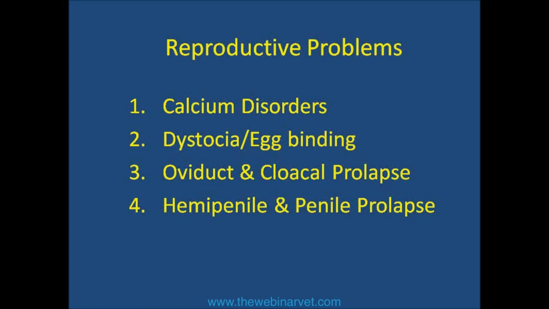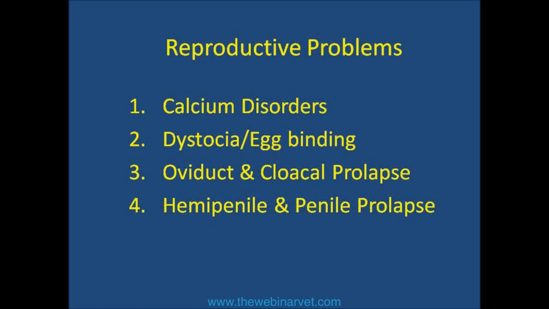So when we talk about reproductive problems, I've categorized them into four main areas in reptiles that we see in the clinic. The number one would be calcium disorders, and that's maybe a surprising one to class as a reproductive disorder, but calcium metabolism and calcium homeostasis in reptiles is a very large topic and causes a lot of problems and a lot of confusion amongst vets and amongst reptile owners.